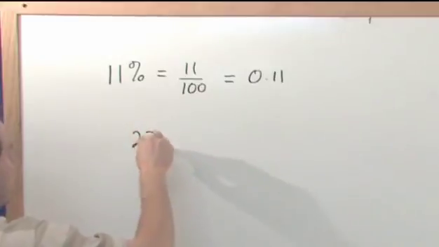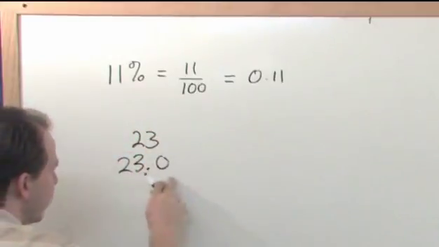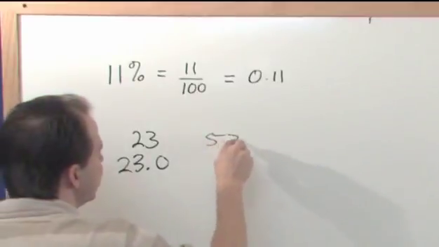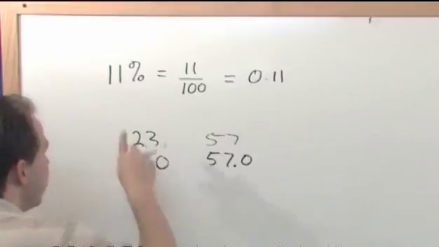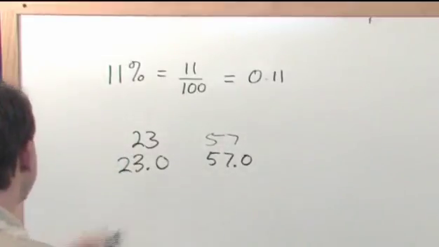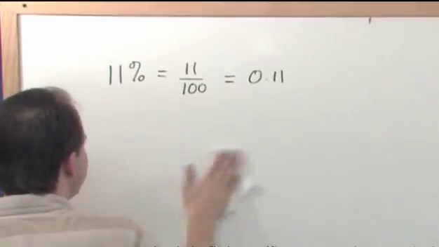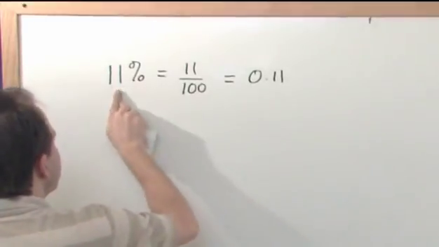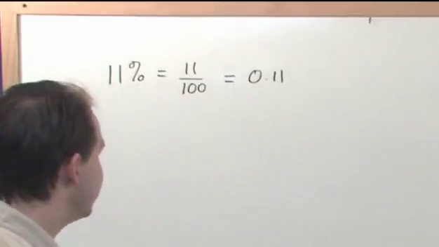For 23, there's really a decimal point here, 23.0. For the number 57, there's really an implied decimal point here, 57.0. Just like there is here, there's an implied decimal point, 11.0%. So you just take that decimal point and move it 2 places to the left, 1, 2, and that is how you express it as a decimal.